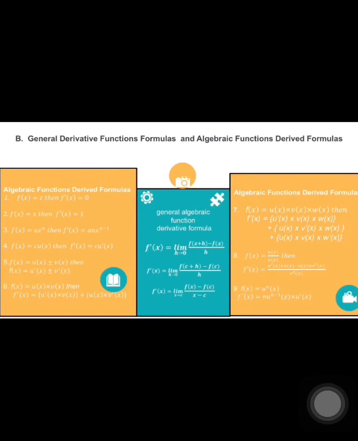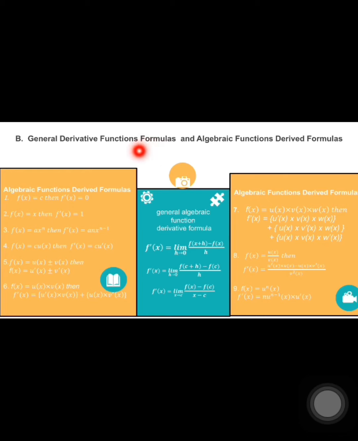B. General derivative function formulas and algebraic function derived formulas. To determine the derivative of algebraic function, we can do it in 2 ways. The first, with general algebraic function derivative formulas, and the second with special formula.